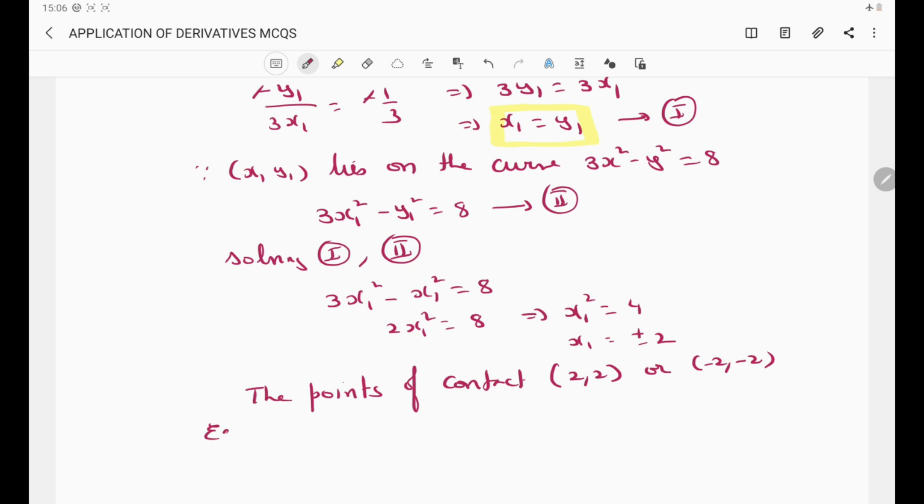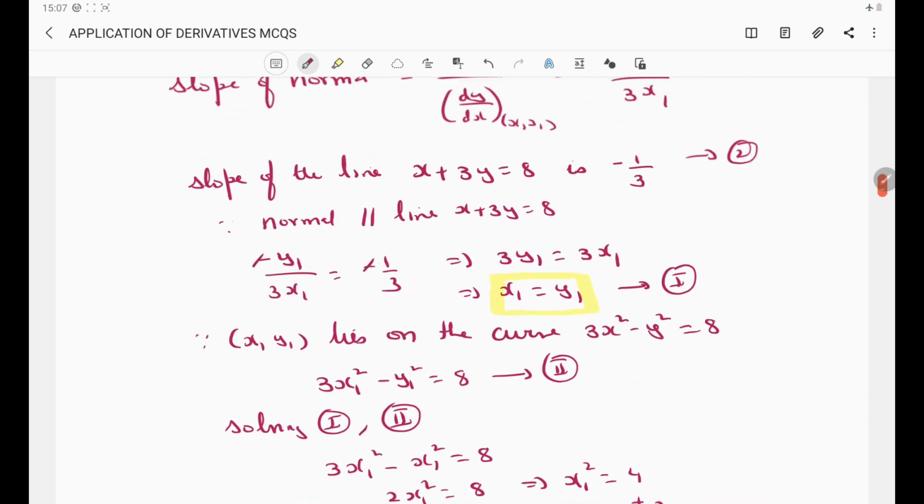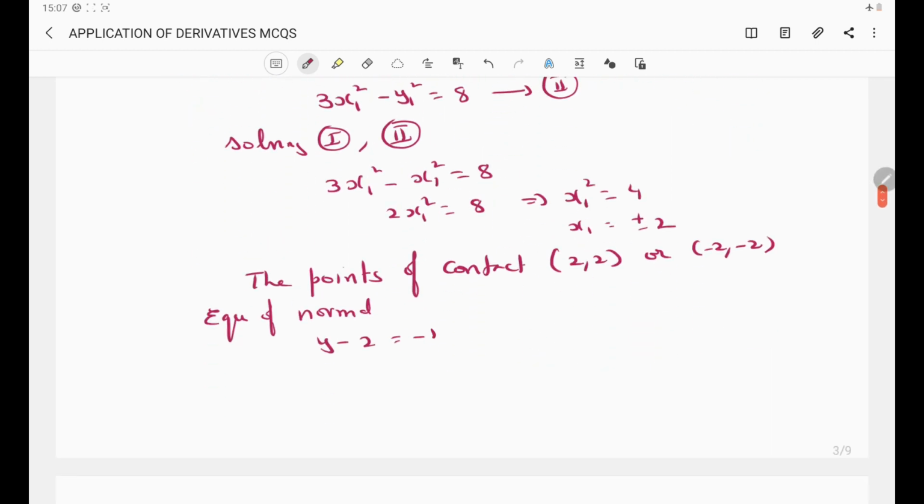So the equation of the normal is y minus y1, that is 2, is equal to the slope of the normal, minus 1 by 3, into x minus 2. Or if I take (minus 2, minus 2), I get y plus 2 is equal to minus 1 by 3 into x plus 2. So let's simplify this.